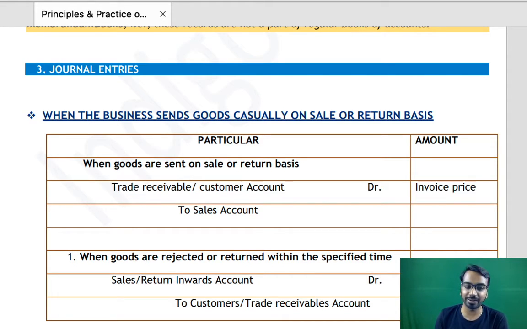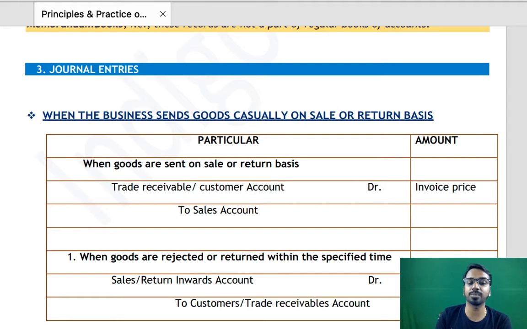We have recognized the revenue, but please note the sale will be completed only when the customer accepts the goods, or the time frame within which the goods have to be returned is over and the customer does not return the goods.